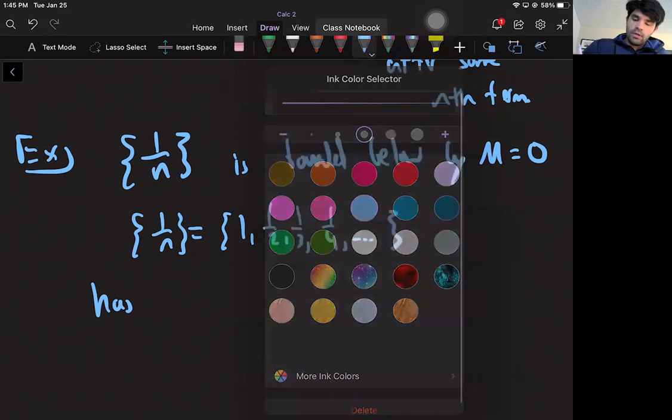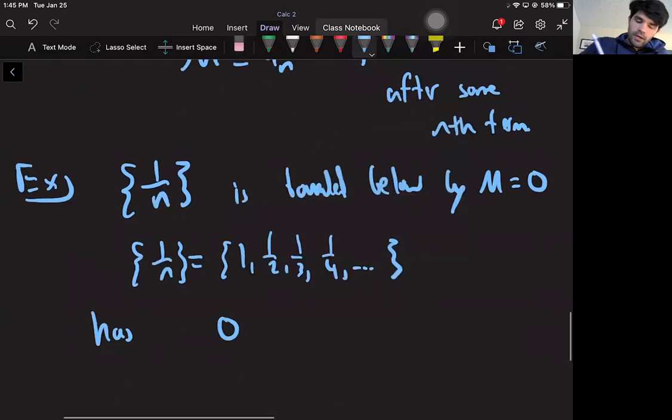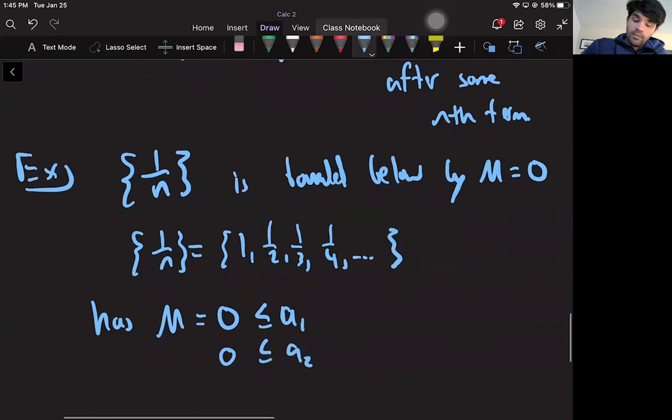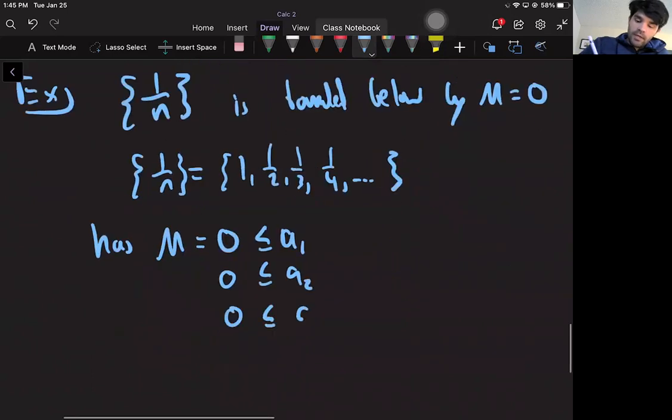Let me put the 0 on the left, since that's what I have up there. That's my lower bound. So 0 is less than or equal to every single thing, starting from the beginning. It doesn't have to be from the beginning, but in this case, it is again.